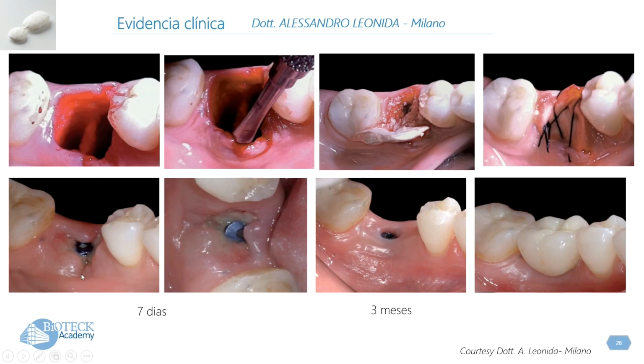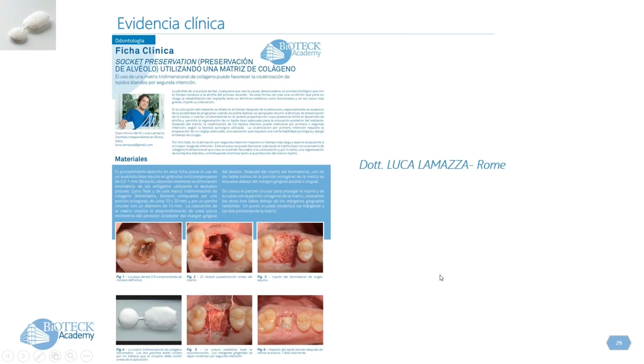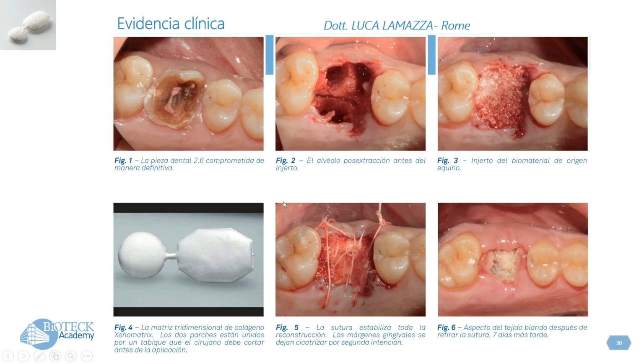And here there is the healing at 7 days. We see already good healing of the soft tissue. And here at 3 months we see the perfect healing of the soft tissue around the implant.